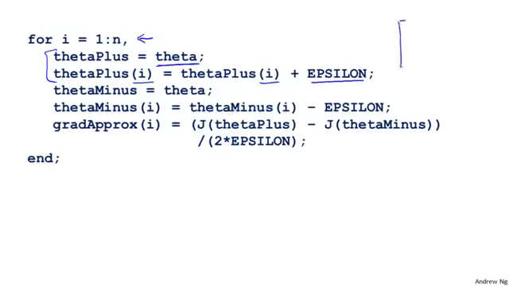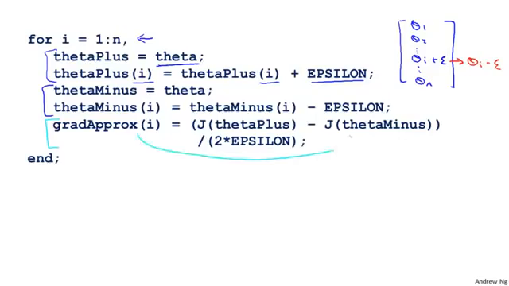So thetaPlus is equal to theta 1, theta 2, and so on, and then theta i has epsilon added to it, and then I go down to theta n. So this is what thetaPlus is. And similarly, these two lines set thetaMinus to something similar, except that instead of theta i plus epsilon, this now becomes theta i minus epsilon. And then finally, you implement this, gradApprox(i), and this will give you your approximation to the partial derivative with respect to theta i of J of theta.